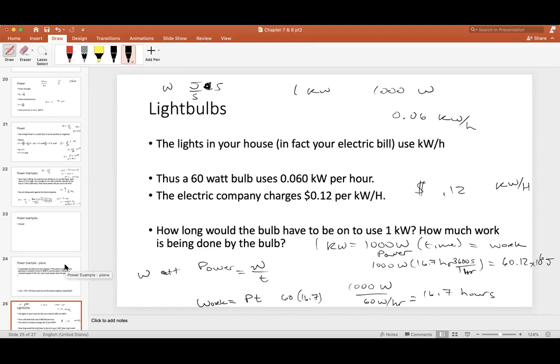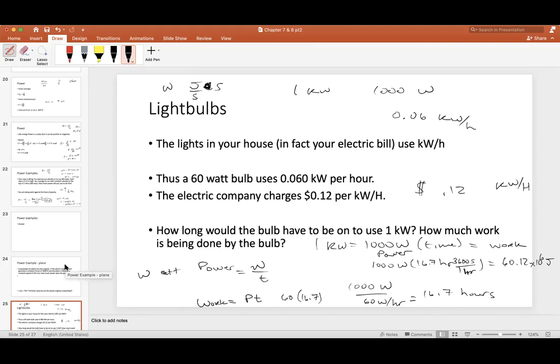But just know that the light bulbs in your house are measured in power. They're measured in watts per hour, but they're measured in watts, and watts are power. So a 60-watt light bulb is using power, and you can turn that into work over time. And so if you multiply a 60-watt light bulb by 3,600 seconds, you could figure out how much work is done by the light bulb in an hour, right?